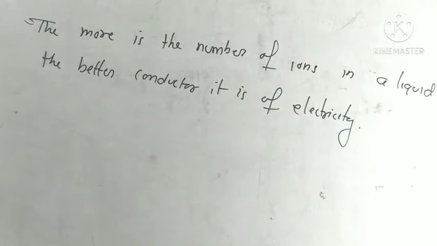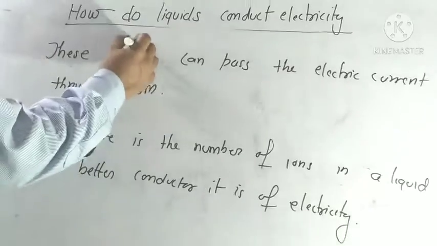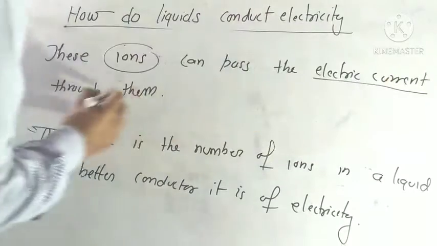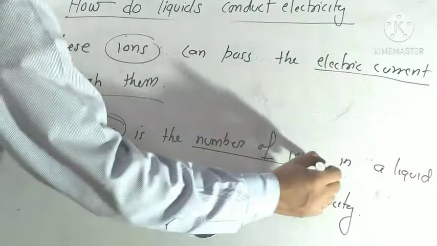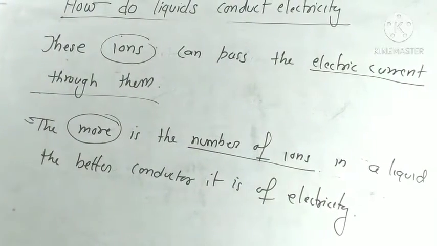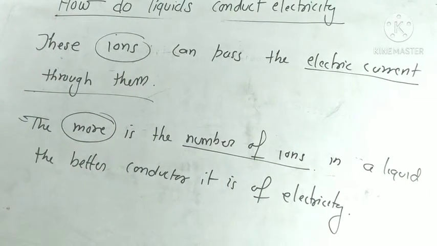I repeat again what we do here: ions can pass electric current through them. The more the number of ions in a liquid, the better conductor it is of electricity.